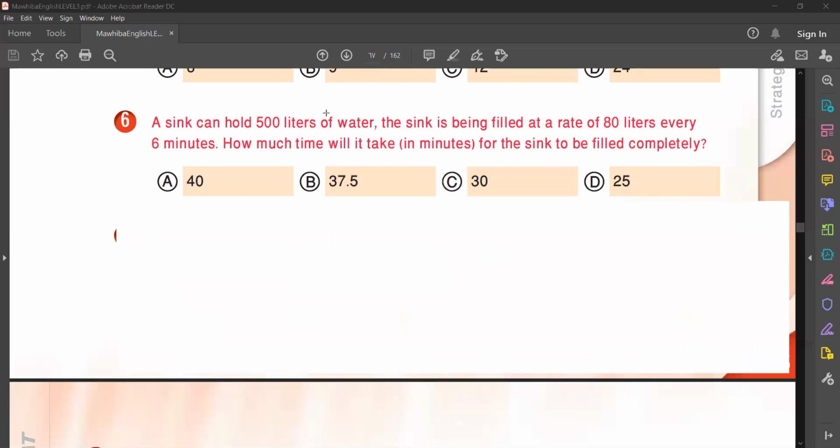Look here, he said the sink is being filled at a rate of 80 liters every 6 minutes. We write it 80 liters every what? Every 6 minutes, right?